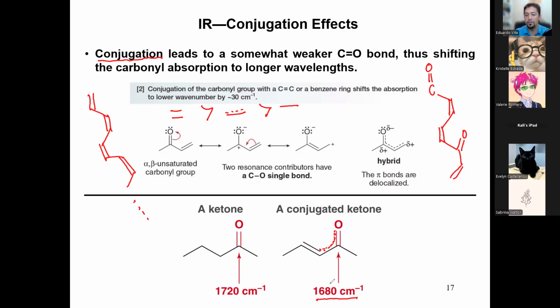It's not absolute. Overall, this is still very close to 1700. You know, it still falls within the plus minus 50 rule. So just make sure that you look at your structure too. And again, you don't go into IR blind. You have some idea what you're looking for. So you should know if you have a conjugated system. Any questions about this?